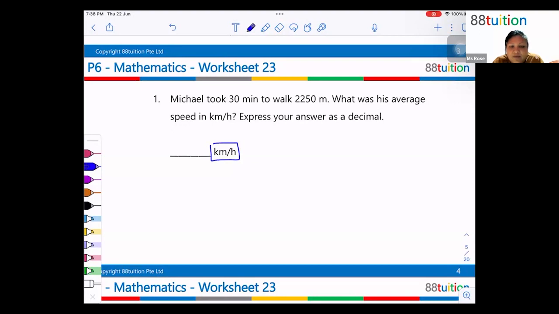Miles per hour is not covered in the Singapore syllabus; miles are usually measured in the American system of measurement. So we don't use miles here, we only stick to kilometers, meters, and centimeters. The speed that you want is measured in kilometers per hour.